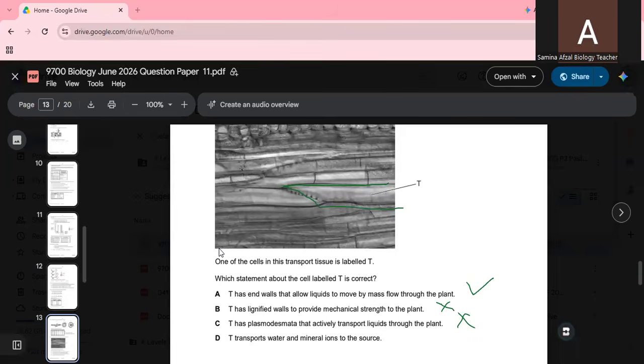Phloem transports organic solutes like sucrose and amino acids from source to sink, not to the source. It means the statements B, C, and D are not correct. Only A is the correct option.